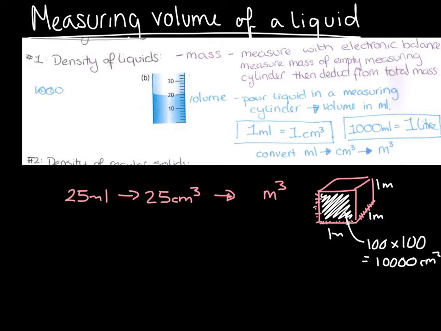So I've got 100 of these metres squared going backwards. So if we then think about this volume here, I've got 100 times 100 times 100.